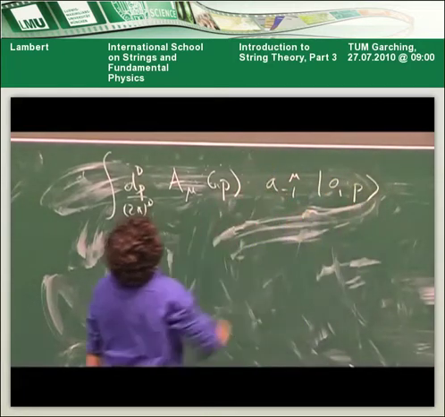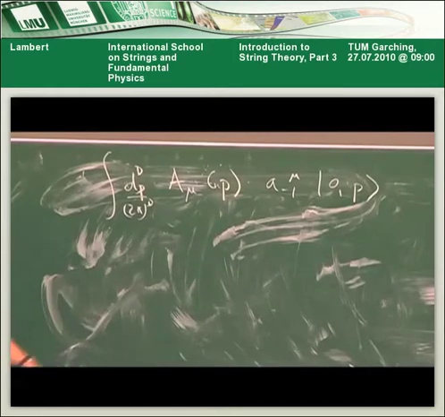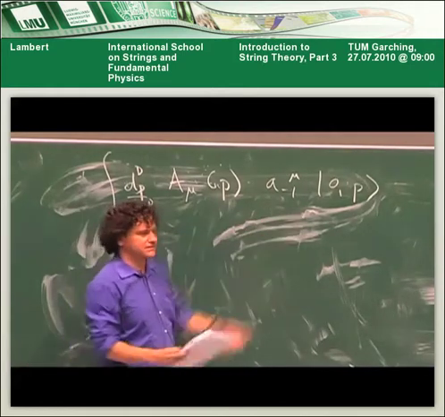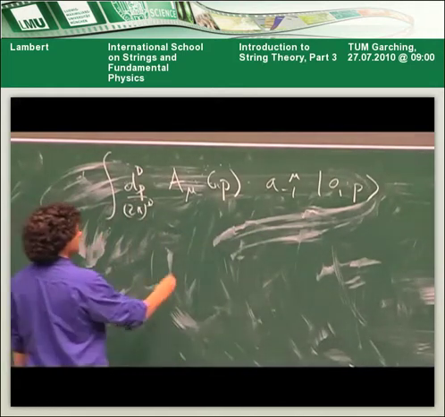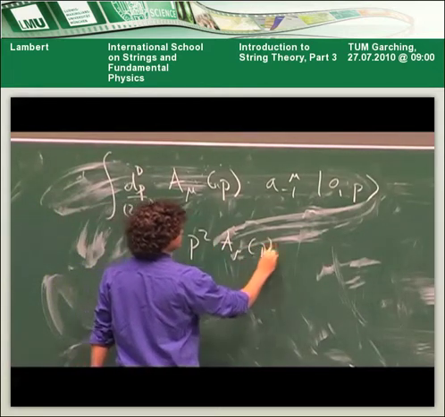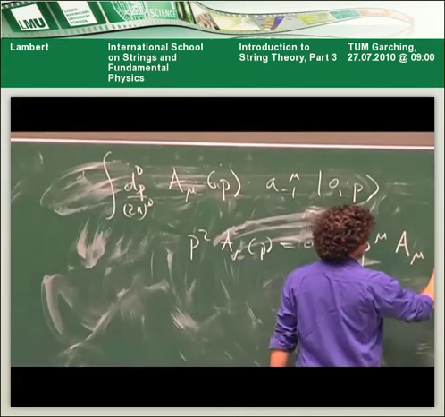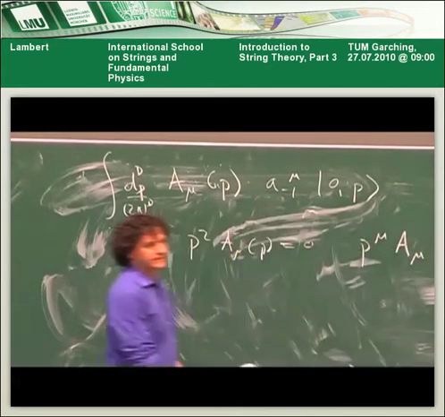I shouldn't have perhaps called that one A_μ. Now I can consider this one. It's just a sum, right? I've just summed over a whole bunch of physical states. They're physical when? Well, p squared on A(p) has to be 0, and p^μ A_μ has to be 0. If I just substitute this, it's just a linear superposition.